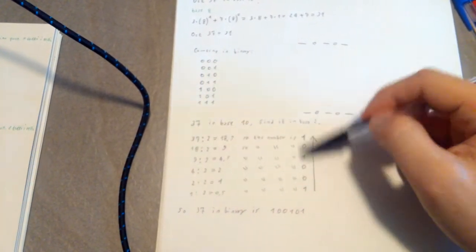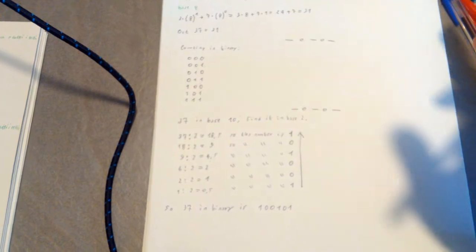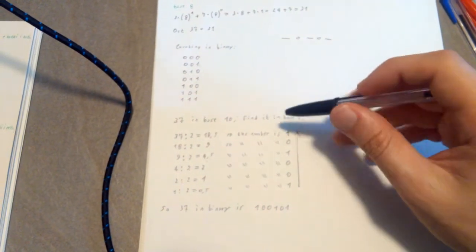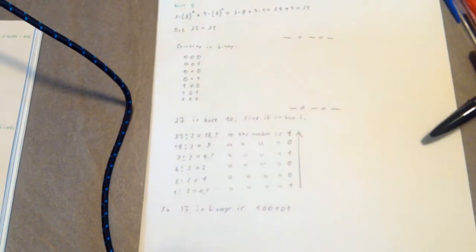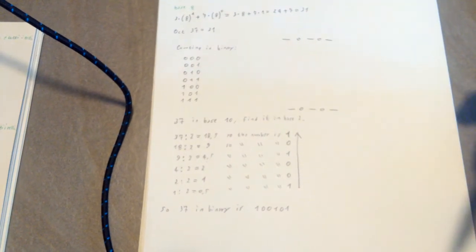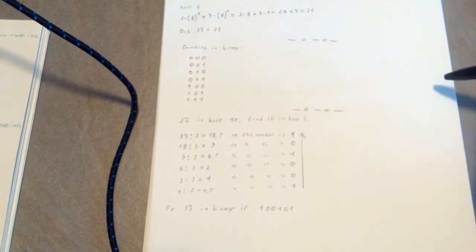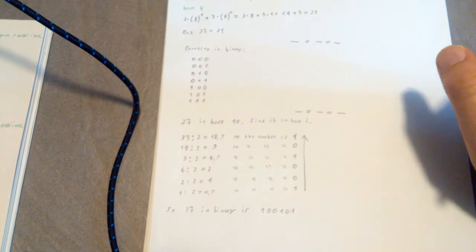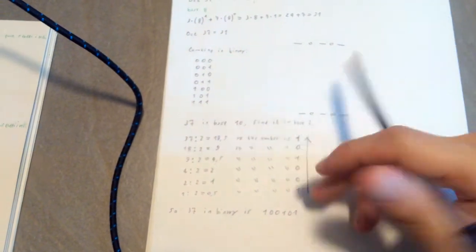If it doesn't, it's a 0, and then you read it upward, and you can convert them pretty easily. But what if you have something like a negative number here? Well, this is where things start to get a little bit trickier. Because with a negative number in binary, you can't just do this. You can't stop here.